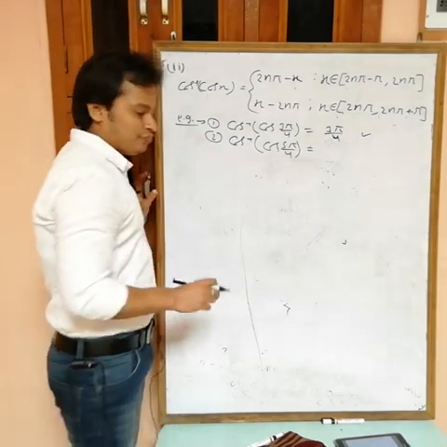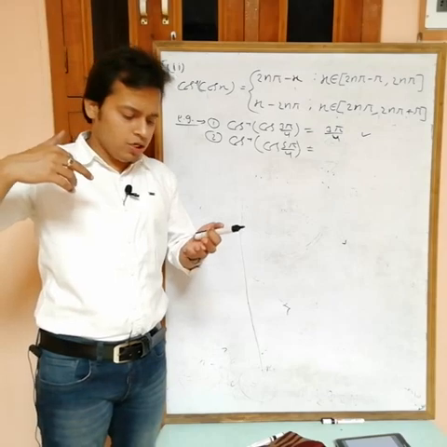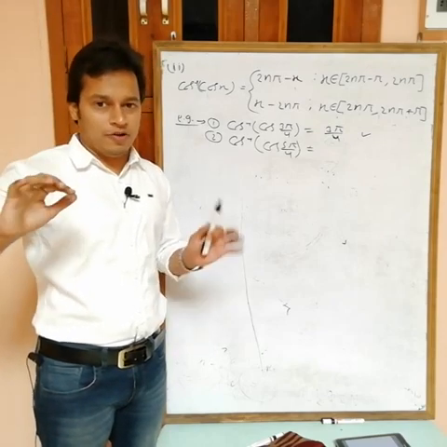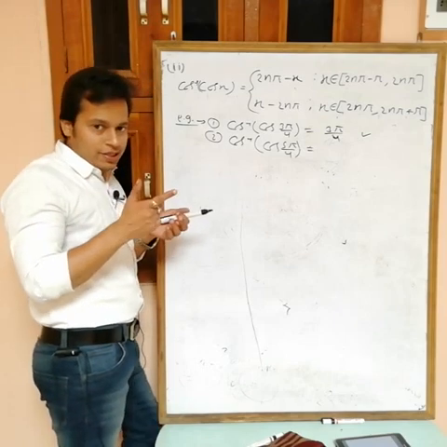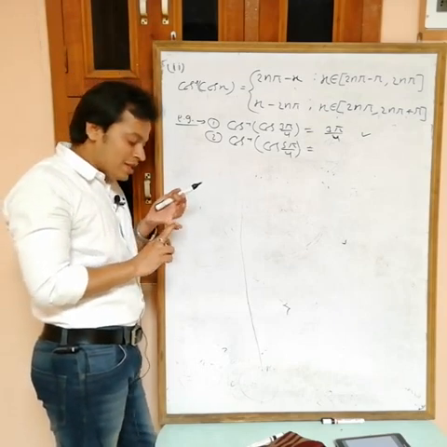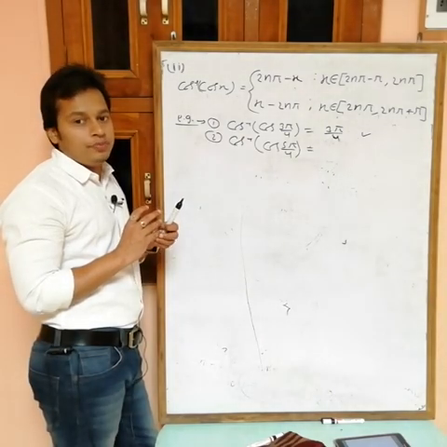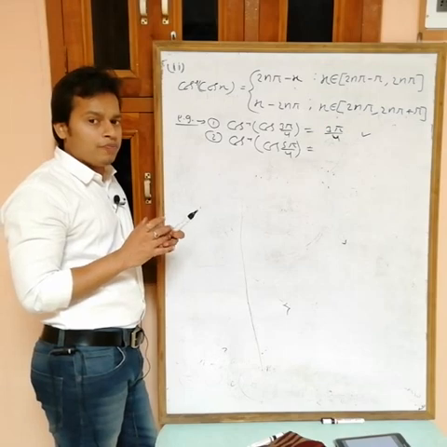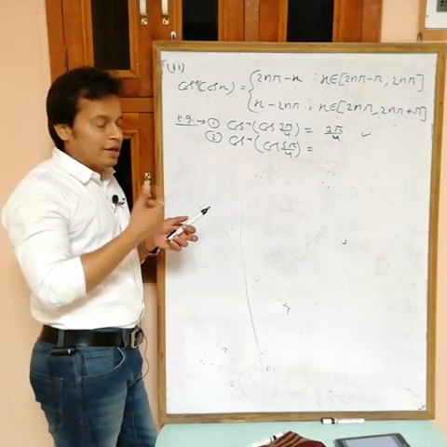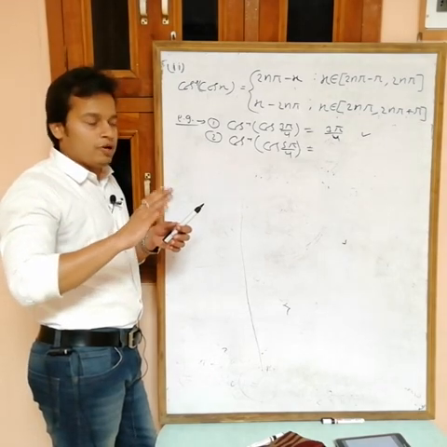Then how to find it? Simple: only check for even multiples of π for cos inverse of cos x. Obviously this is greater than π. Now check whether this is less than 2π or greater than 2π. This is near to which even multiple of π? Obviously 2π. Before 2π we have 0, and this is not near to 0, because it is 0 plus 5π/4.